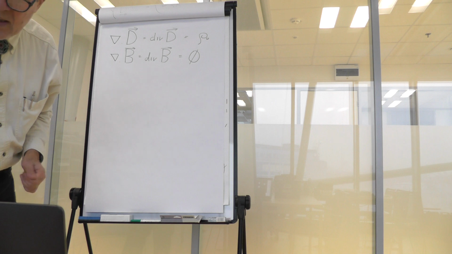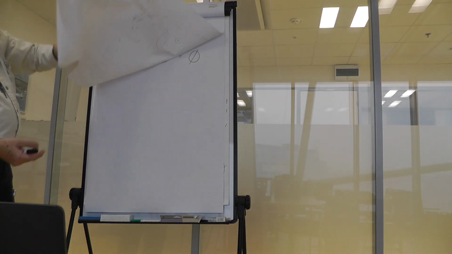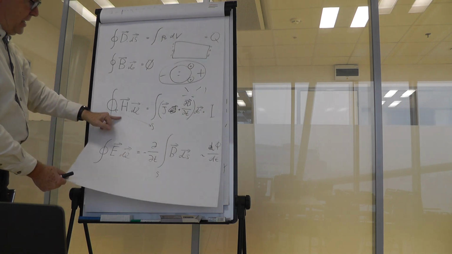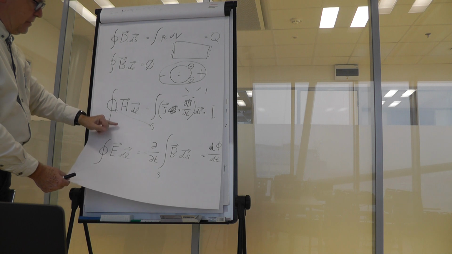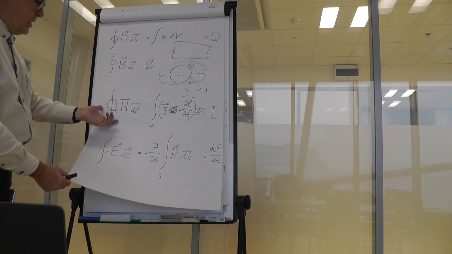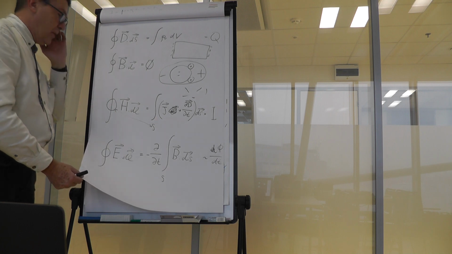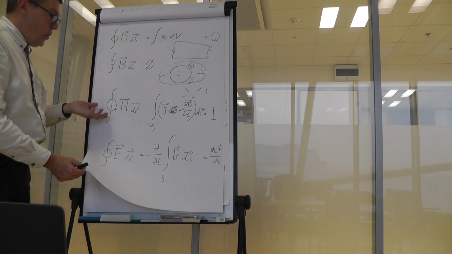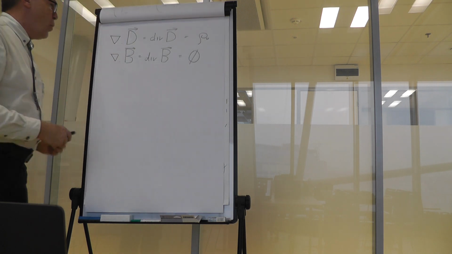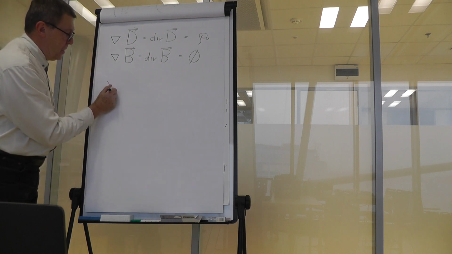Let's switch to other two equations. Now we have this equation, which in vector form or in integral form comprised an integration of magnetic field strength, magnetic field intensity over a closed loop, and using Stokes' theorem we could convert it into a notation which looks like this.